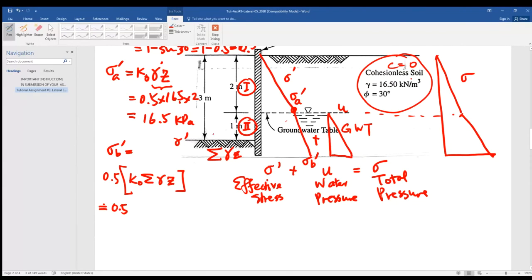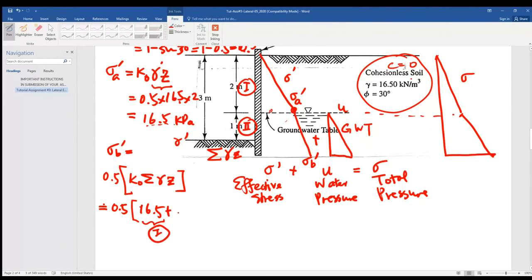Okay, now you have to add the stress from layer to layer, starting from the top and then coming down. We have done that: 16.5 plus, that's layer 1.